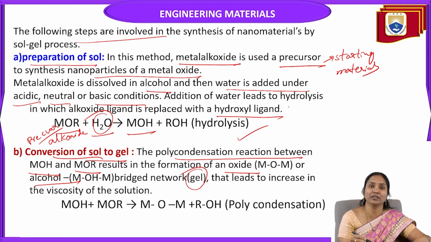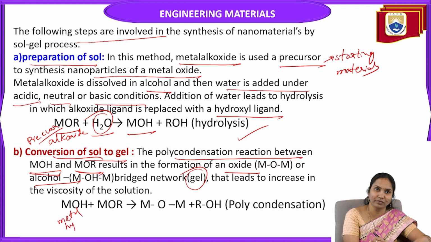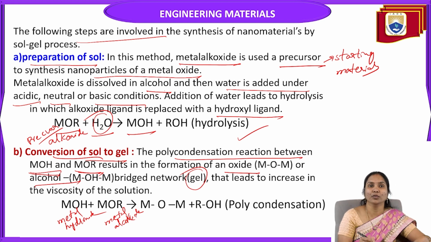But here, the first step is the homogeneous system. So how do we convert the salt into gel? The polycondensation reaction between metal hydroxide and metal alkoxide results in the formation of an oxide or alcohol bridge network gel.